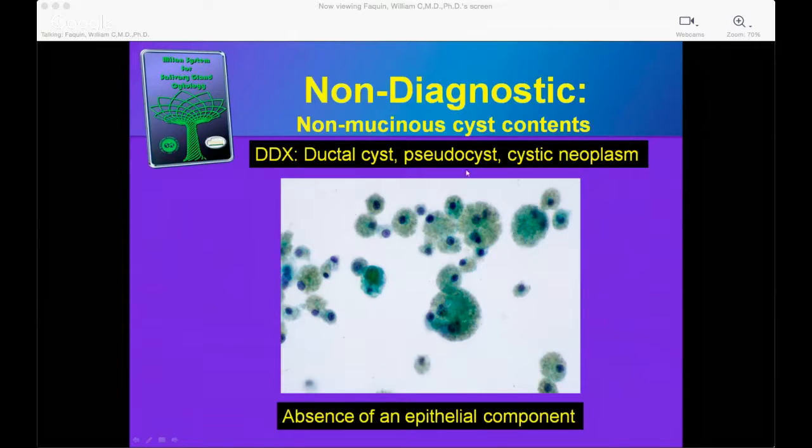And there's a range of different lesions that this could represent. Again, we don't have an epithelial component, so this could be a pseudocyst, a ductal cyst, or it could actually be a cystic neoplasm. And again, we're just not getting perhaps an adequate sample to classify it further.